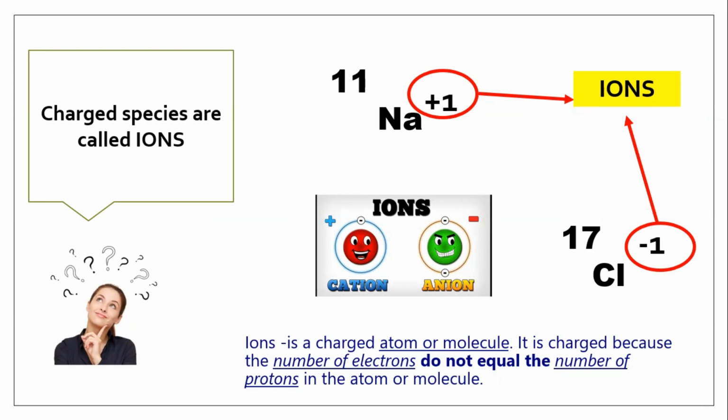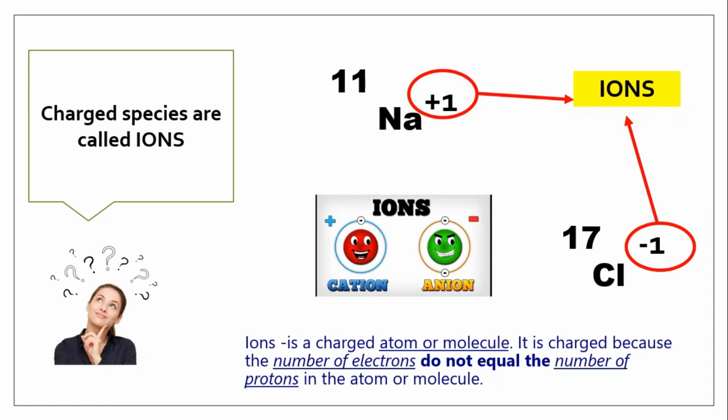So therefore, si sodium, kung meron siyang atomic number na 11, ang number ng protons niya is 11 at ang kanyang electrons are also 11. The same thing with chlorine. If you have an atomic number of 17, then meron siyang 17 protons at meron din siyang 17 electrons.